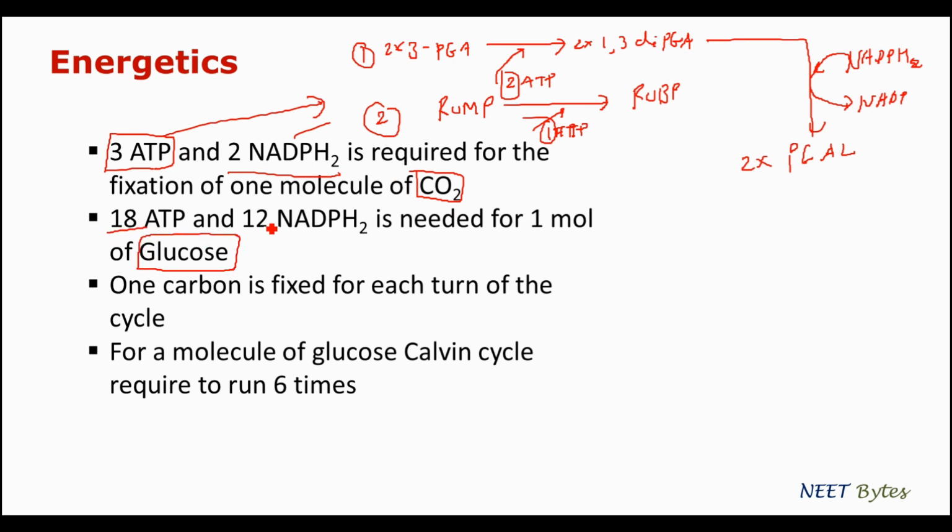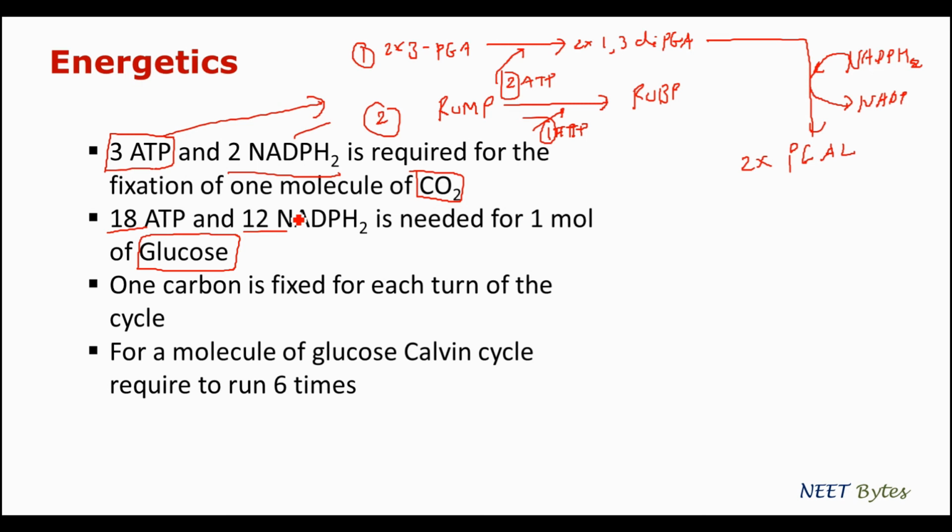One more important thing you should keep in mind is that for the fixation of 1 carbon, the Calvin cycle has to run 1 time. For the fixation of glucose, how many times does the Calvin cycle have to run? The answer is 6. Many a time this question is asked: one particular organic molecule will be given, and the question is how many times the Calvin cycle has to run.